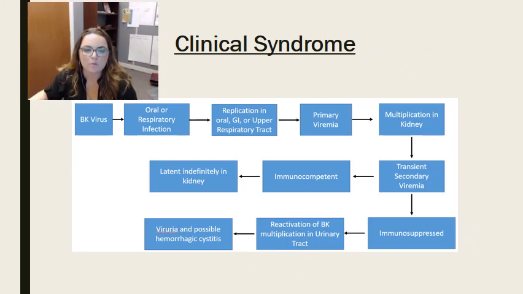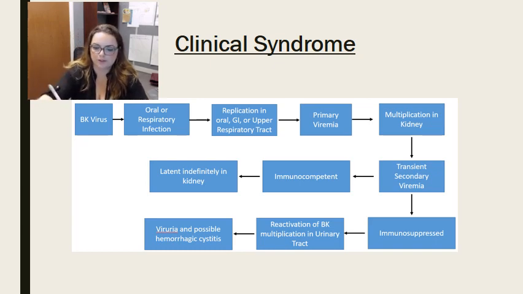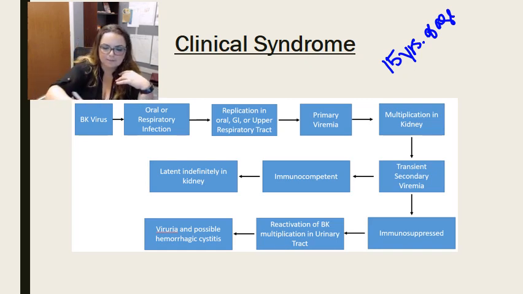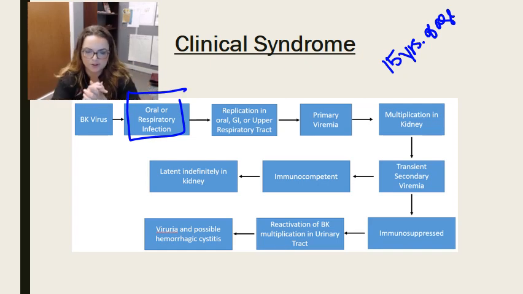How patients get infected is still somewhat up in the air. But as I mentioned before, these are ubiquitous. Most people are infected by about 15 years of age. And the virus basically is spread in urine, feces, and potentially respiratory, so like aerosols.